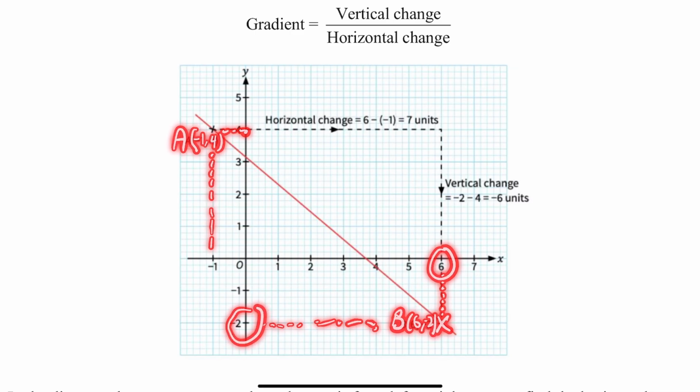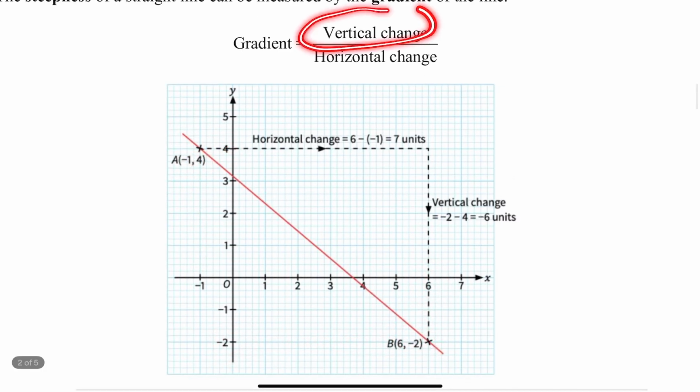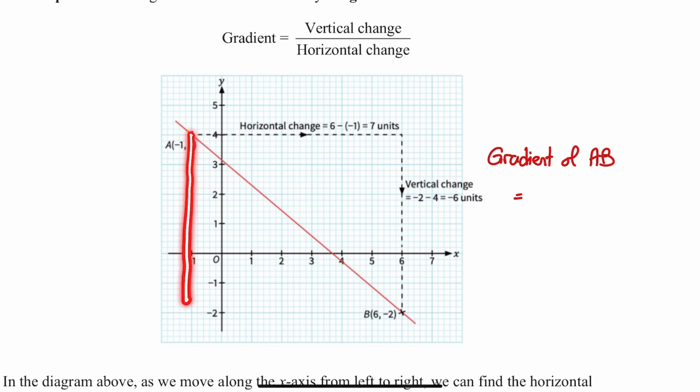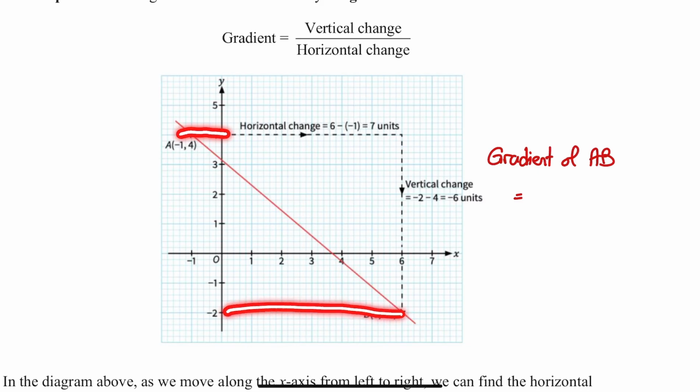Okay, in order to find gradient, it is the vertical change over horizontal change. So for this one here, the gradient of line AB is simply the vertical change, which means from A to B, what is the vertical change? You can see that at first the y value is 4, now the y value becomes -2. So the vertical change is -6 units.